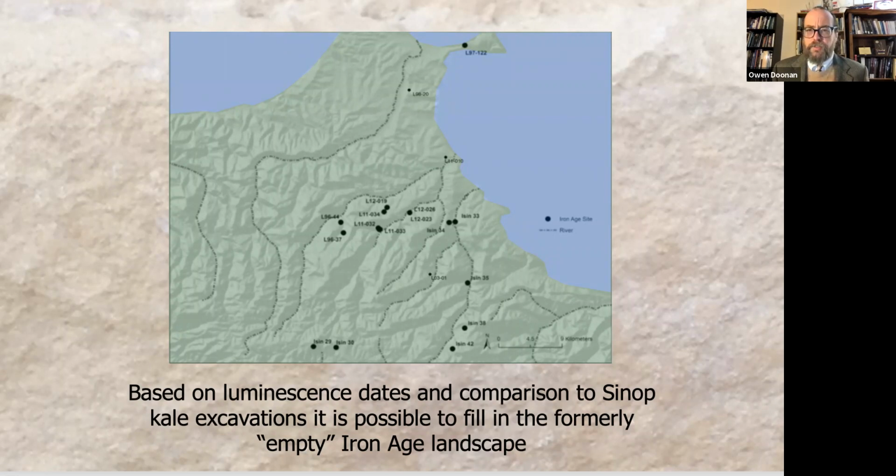So through our excavations at Sinope, one of the first and most, I think, powerful results has been to make the invisible Iron Age visible. And this is a mapping of many of the sites from our survey and some of them from museum surveys over the years that display what we would consider Iron Age characteristics.